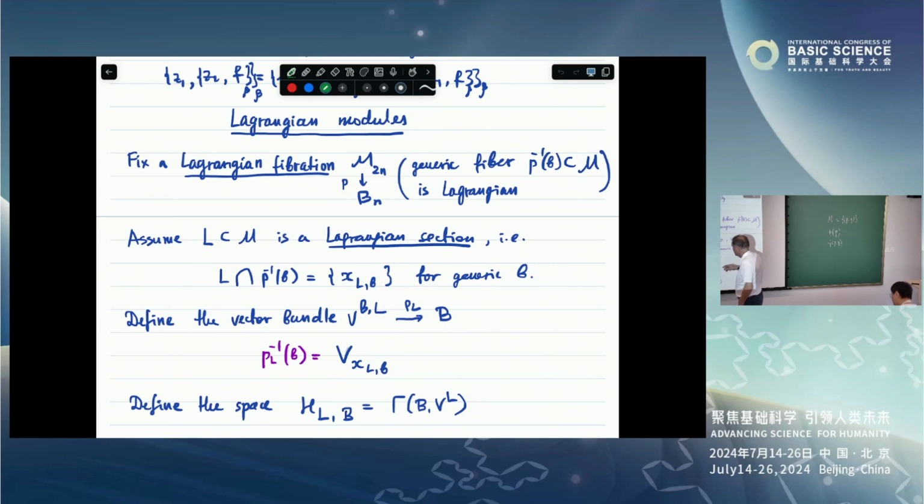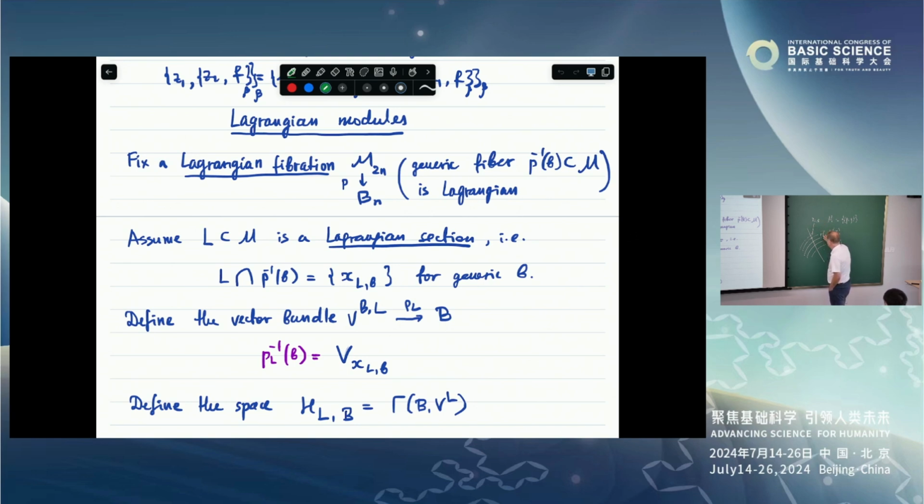It's a very rare situation, but let's assume that we have it. So L intersects every fiber in one point. A Lagrangian fibration is something like this, and a Lagrangian section is something like this. So we have these intersection points. I denote them X_L(B).